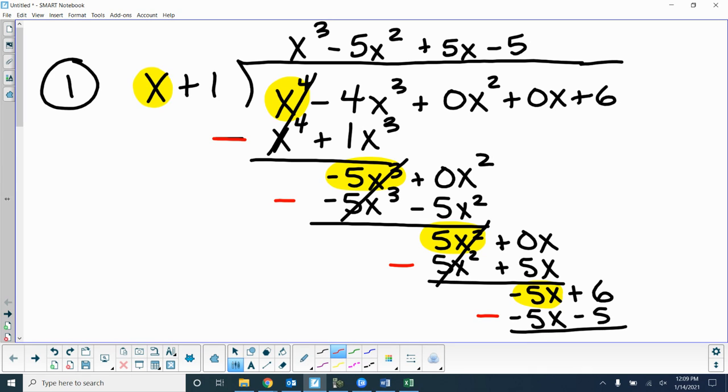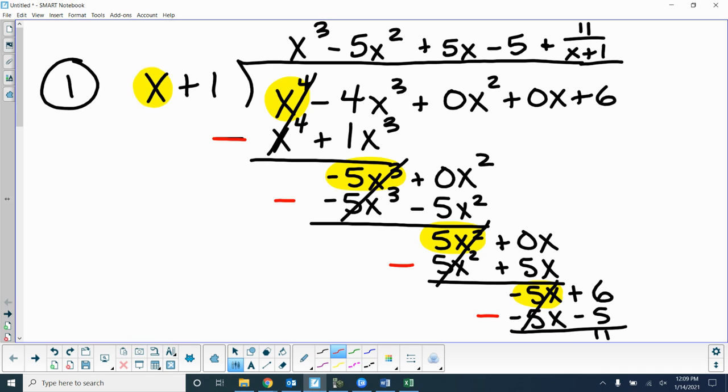I subtract. Minus a negative is addition, so I get 6 plus 5, which gives me 11, right? That's my remainder. So to finish my answer, which is up here, since it's a positive 11, I put plus 11 over x plus 1.